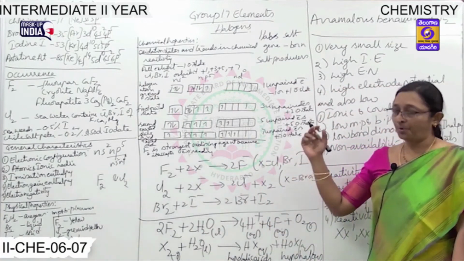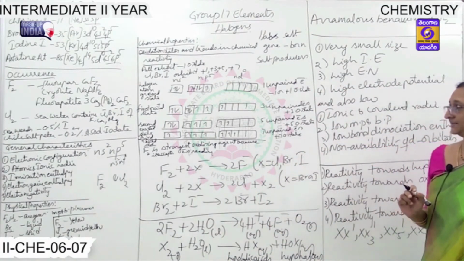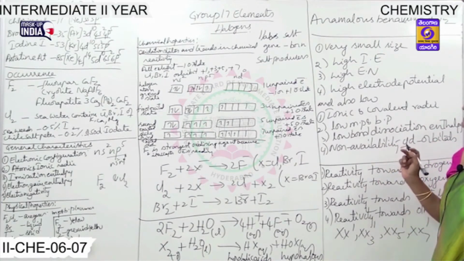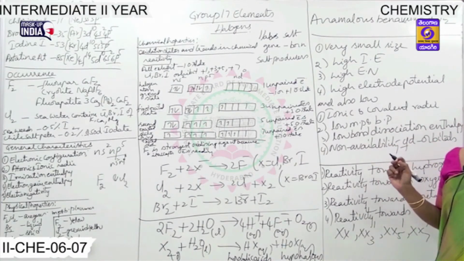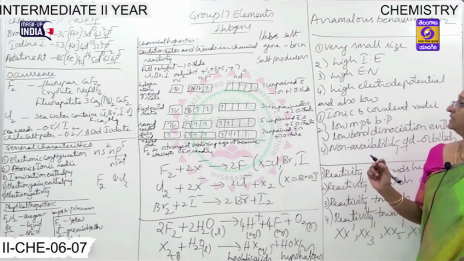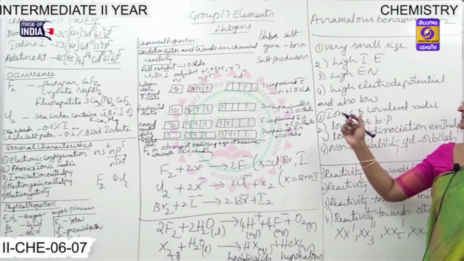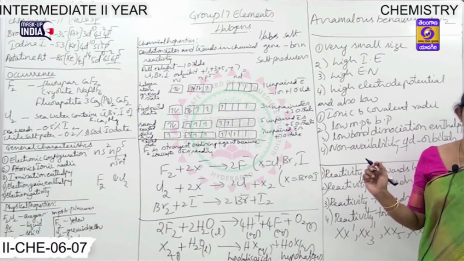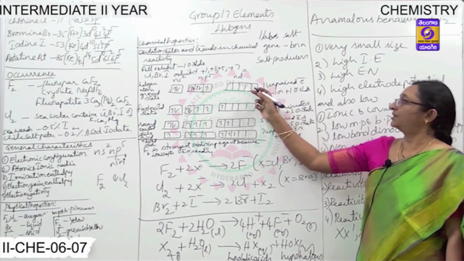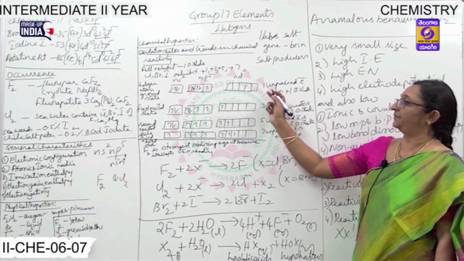Then next let us move to the chemical properties. If you look at the chemical properties, the oxidation states and trends in the chemical reactivity. In the ground state, the halogens are having the configuration ns2 np5. In the d orbital, it is absolutely 0.